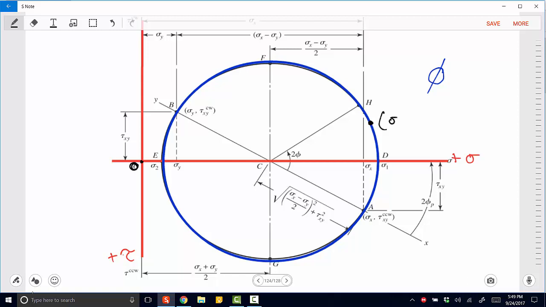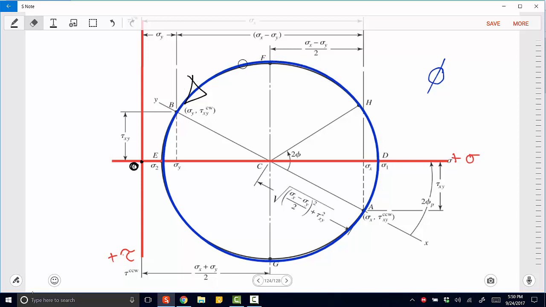So there's some normal value here, and there's some shear value here that is associated with a particular angle. And as we move along this circle, we're going to be finding combinations of normal and shear stress that are at different angles of cutting our 2D element.